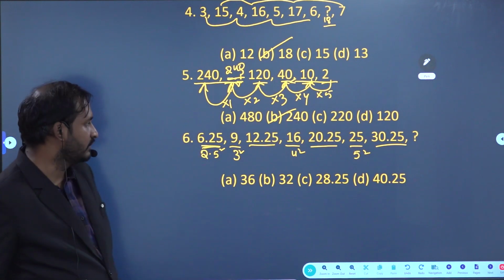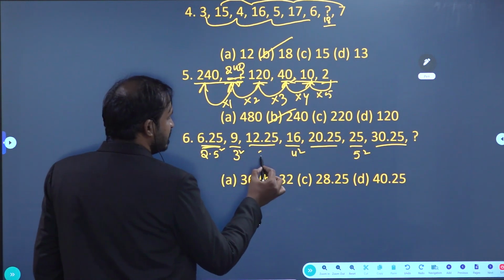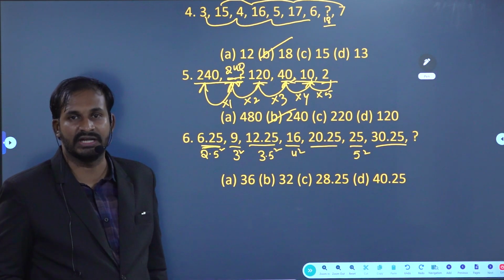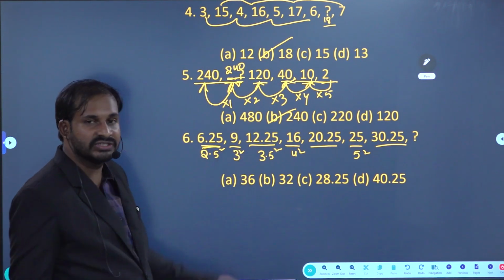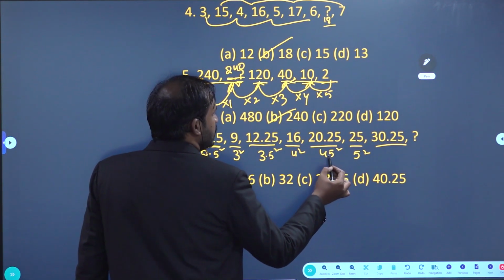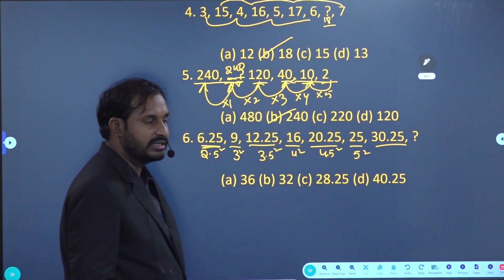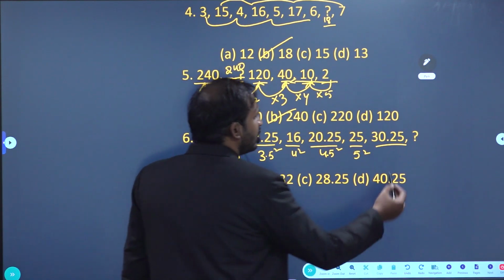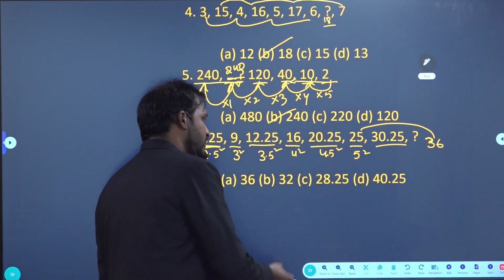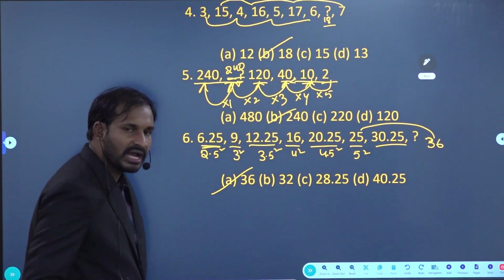So, 6.25. Next, 12.25 is actually 3.5 square. 35 square is 1225 and 3.5 square is 12.25. Similarly, 45 square is 2025, but it is 4.5 square. Like that also you can tell, or else alternately next it should be what? 36. Why? Because 6 square. Like that also you can tell the answer.